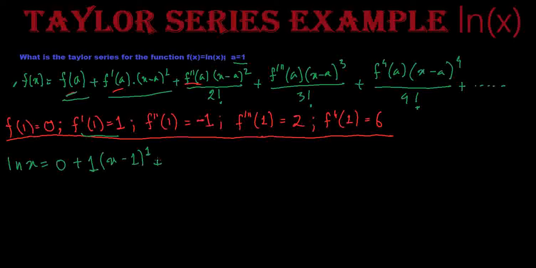So then plus f double prime 1 equals minus 1, times x minus a whole square, that is x minus 1 whole square, divided by 2 factorial.